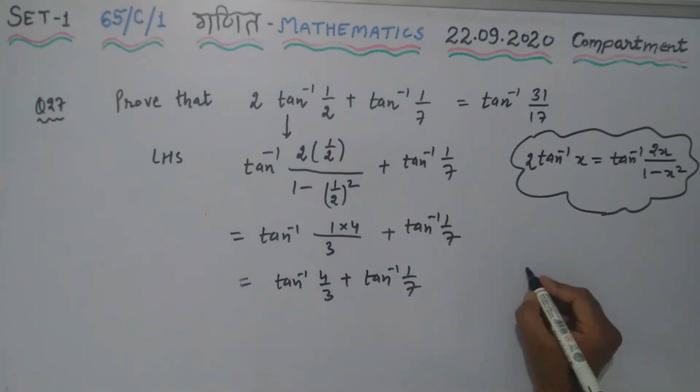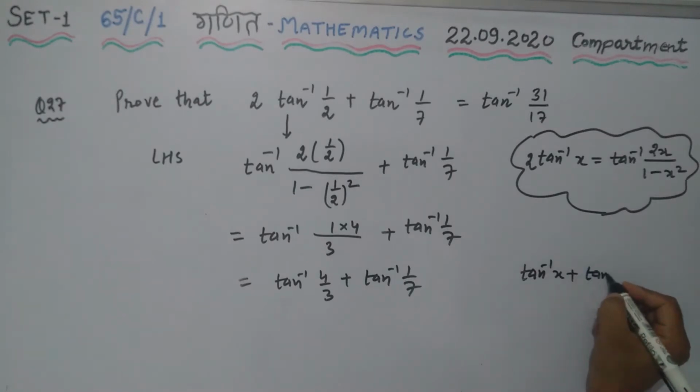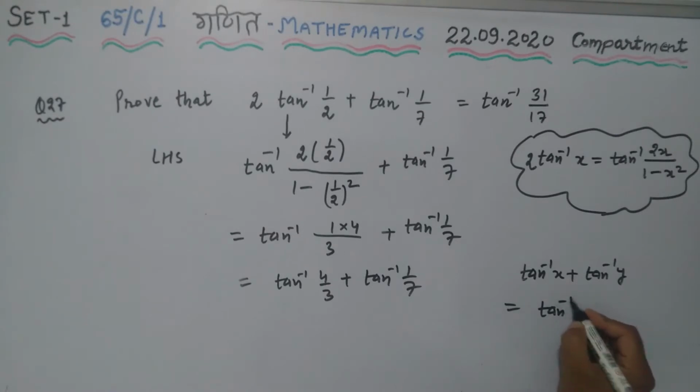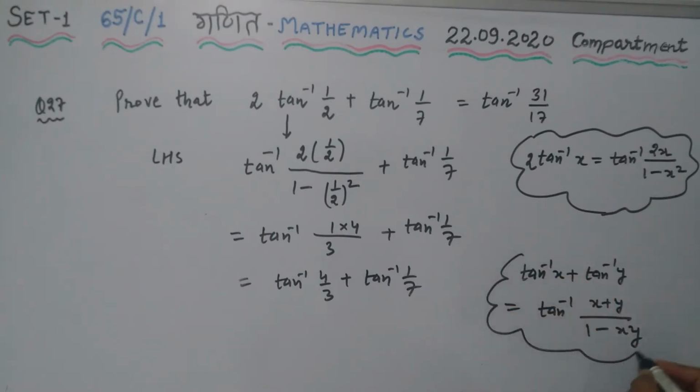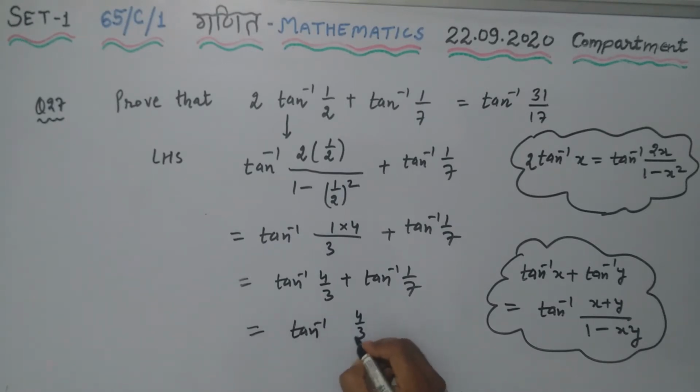Now another rule, we know that tan⁻¹x plus tan⁻¹y is equal to tan⁻¹ of (x plus y) divided by (1 minus x into y). Now we follow this rule. This becomes tan⁻¹ of (4/3 plus 1/7) divided by (1 minus 4/3 into 1/7).